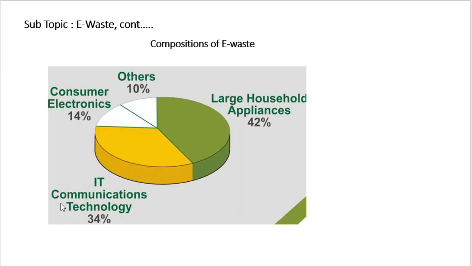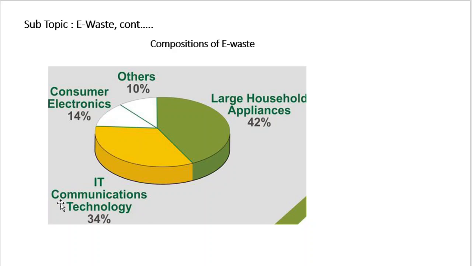So here we can see the composition of e-waste. Let's start. Large household appliances make up 42% of the e-waste composition. So what are the different household appliances? The first ones are refrigerators, mixers, grinders, ovens.